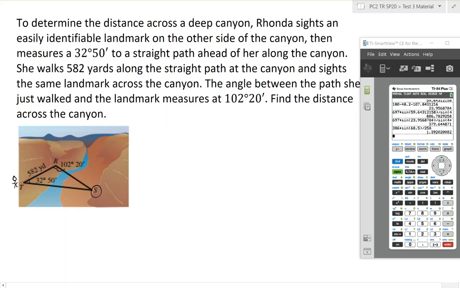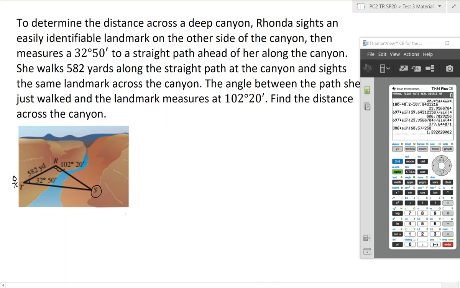So she knows her path is this way along that 582 yards, so she sights the angle at 32 degrees 50 minutes. She walks 582 yards this way, and then she sights again, and inside that angle from the path that she just walked to the landmark is 102 degrees 20 minutes.